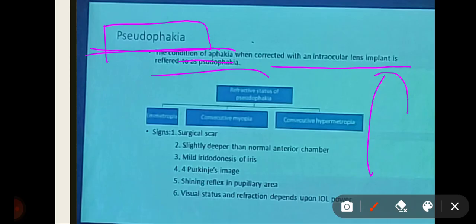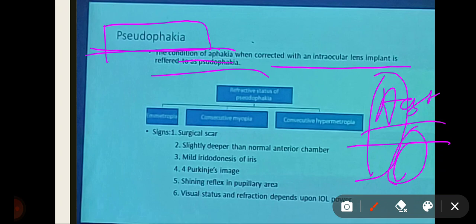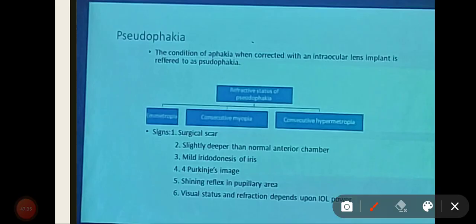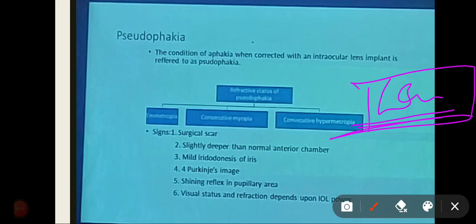So an aphakic guy comes to the OPD and is surgically treated by an intraocular lens implant. So what will you call this, guys? You will call it pseudophakia, or pseudophakic patients, who do not have a real lens but have a corrected lens.